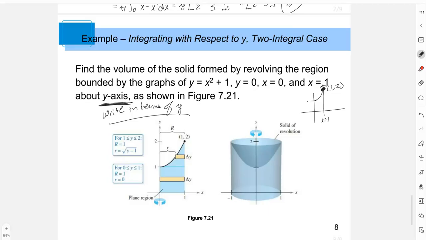Now, notice this one's interesting because if I were to divide this into 2 pieces, and remember, we are rotating about the y-axis, so it's going to look kind of like a candle, if you will, but part of it's going to be empty up on that top half. So it's going to have a hole in the top half.